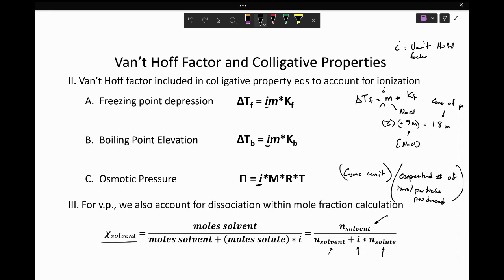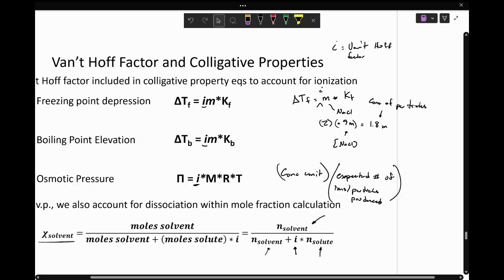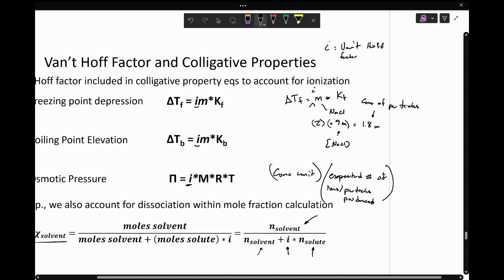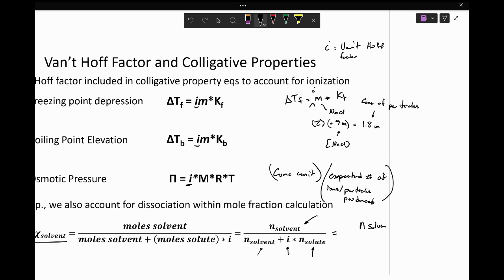Just saying that, if you want to be realistic here, what you're looking at when you look at this mole fraction of solvent is moles of solvent divided by moles of solvent plus moles of ion 1 plus moles of ion 2, or however many different ions you have. So if you have something like iron 3 chloride, you're going to have moles of Fe3 plus, and then 3 times the number of moles of chlorine.